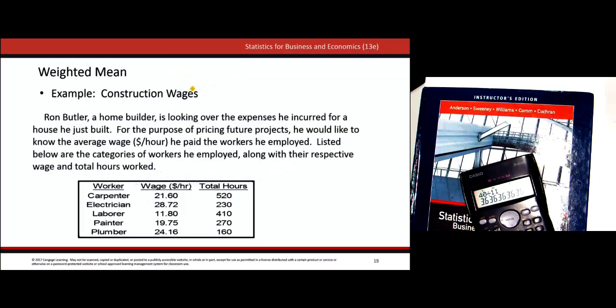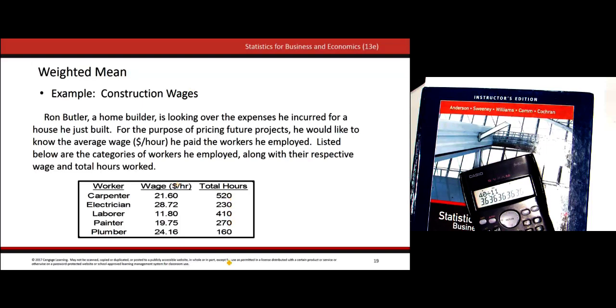Here is another example. Ron Butler, a home builder, is looking over the expenses he incurred for a house he just built. For the purpose of pricing future projects, he would like to know the average wage he paid the workers he employed. Listed below are the categories of workers he employed, along with their respective wage and total hours worked. So we cannot just simply average these wages, because they all work different hours.